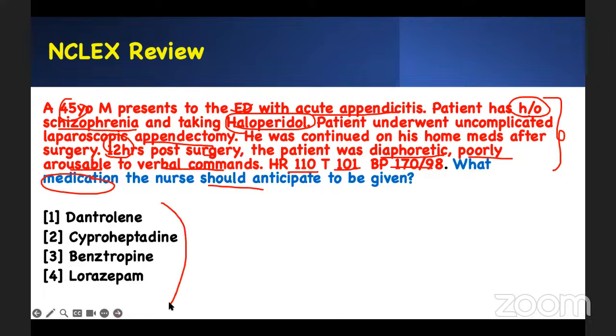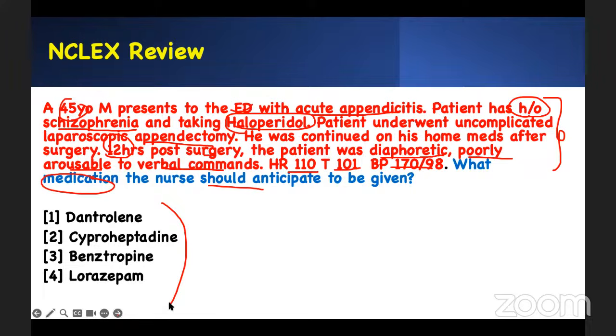What medication do you want to give? Don't be distracted. Just find the buzzwords. Let me summarize this for you using the buzzwords. I just have a 45-year-old patient who has schizophrenia. He takes haloperidol, had surgery for appendicitis. 12 hours later, diaphoretic, poorly arousable to command, tachycardic, hypertensive, low-grade fever.